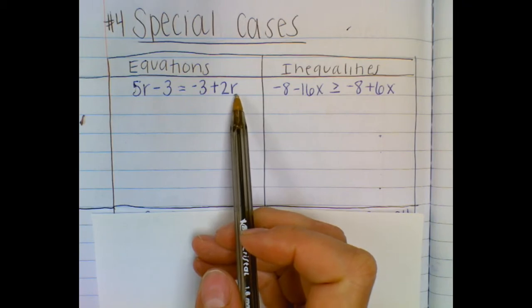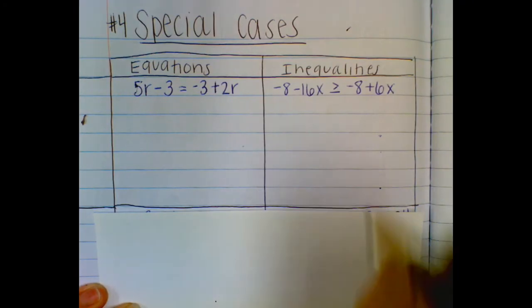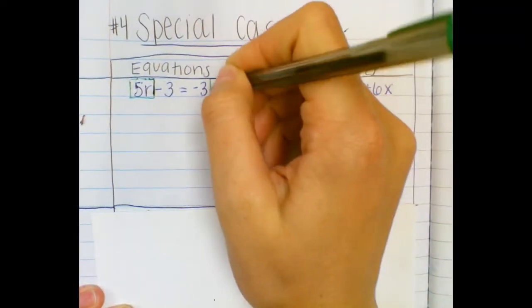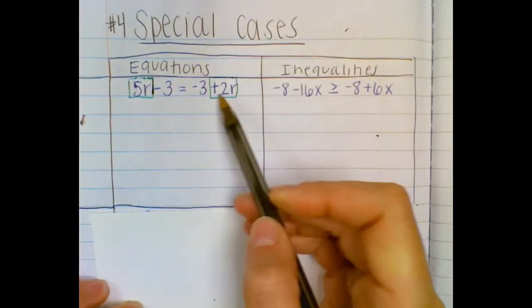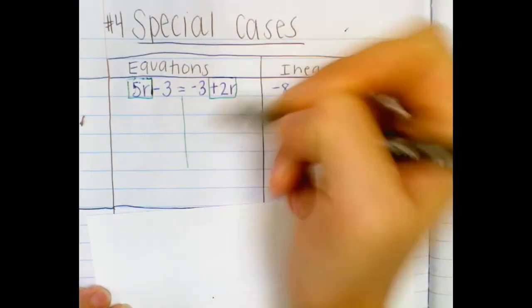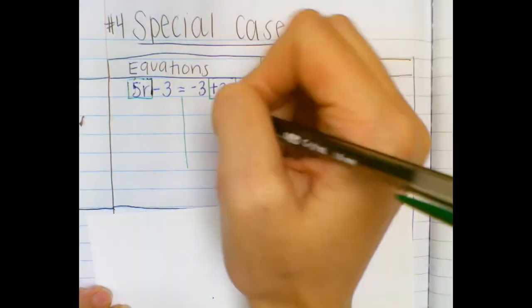So now what I'm going to do is use my inverse operations to move different pieces to opposite sides. So if I look, I have a 5r here, and I have a positive 2r here. Remember, it's always the sign in front. So if I want to move this positive 2r here, and here's my line in the middle, I need to do the opposite operation, the inverse, which is subtraction.